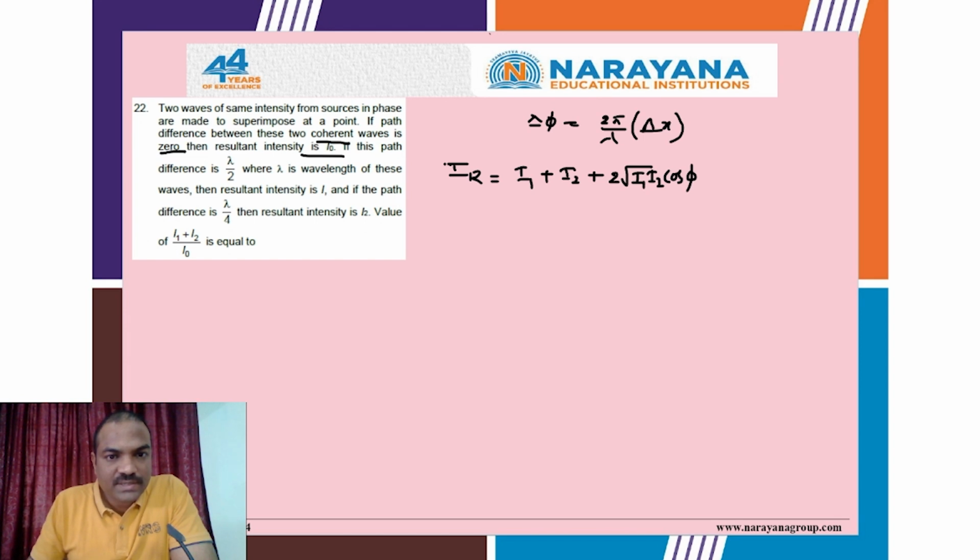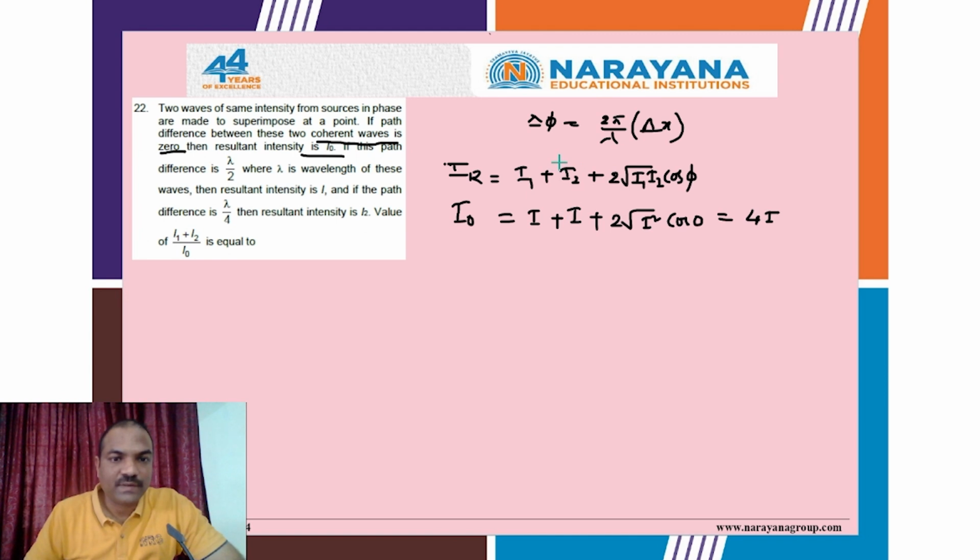Taking I as the intensity of individual waves: I plus I plus 2 root I square cos 0. Cos 0 value is 1, so this will be 2I, and in total it will be 4I. So I naught is 4I, where I is the intensity of individual waves, remember.